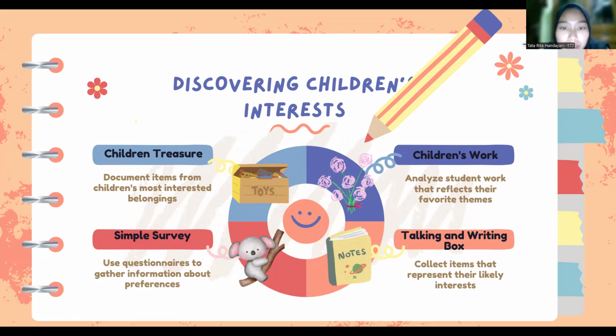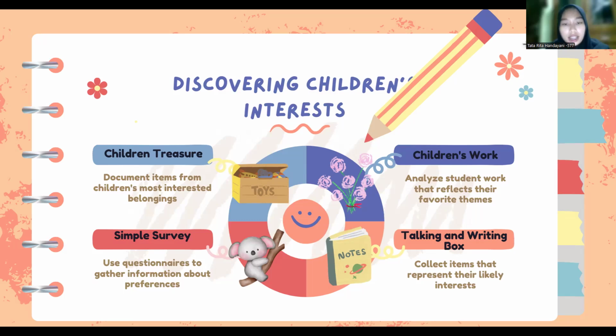Second, simple surveys. Create age-appropriate questionnaires with pictures and simple questions. What's your favorite animal? Or what do you like to do after school? Maybe what makes you happy? Keep it visual and fun, not like a test.